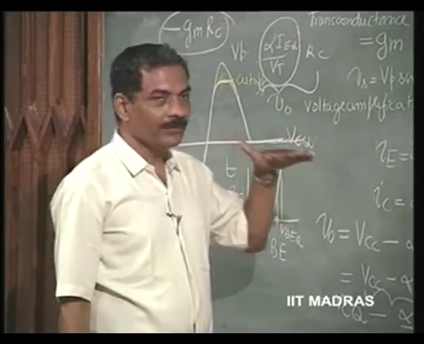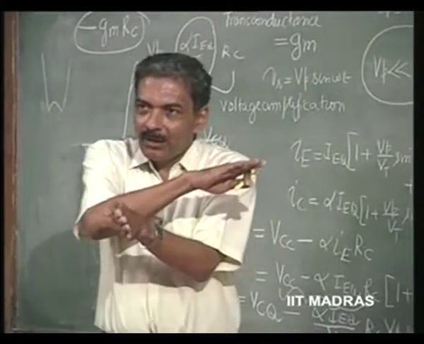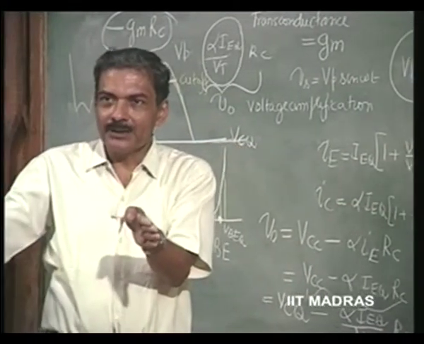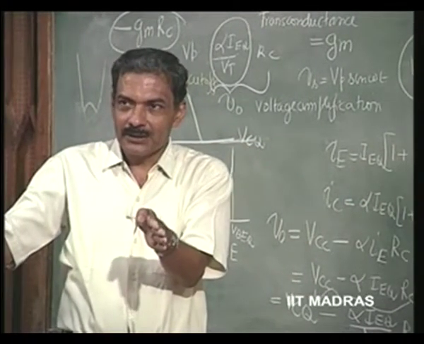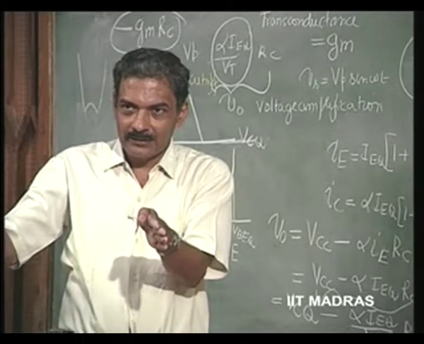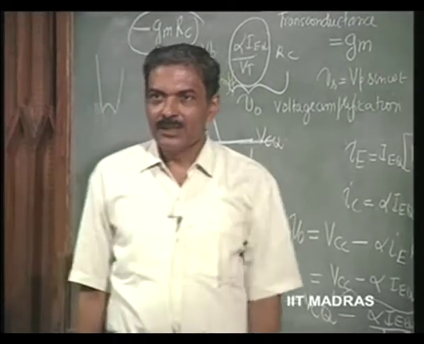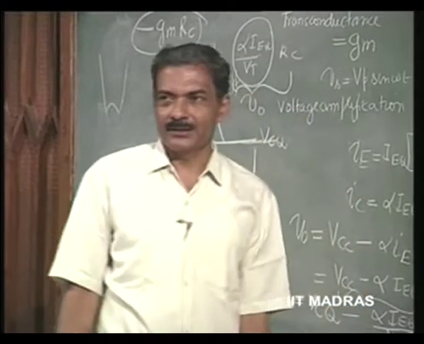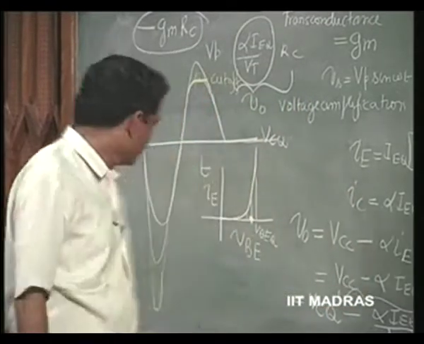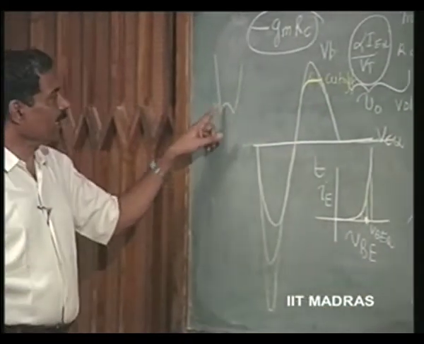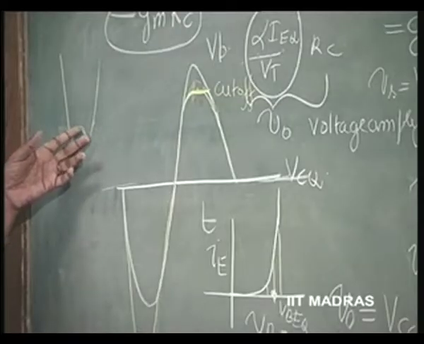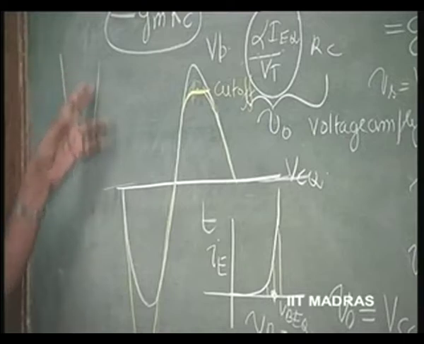When it is cut off, it is just almost chopping off, because there is no further voltage increase that can occur. When it is in saturation, it is not so. This signal still appears, but its amplification factor is not at all there. It may appear just as such, whereas this is the amplified signal.